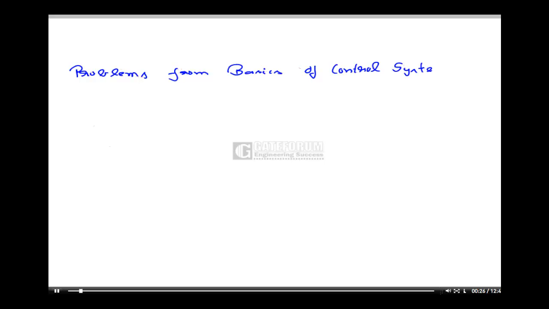Basics of control systems. We will see the problems related to block diagram reduction. The first one.